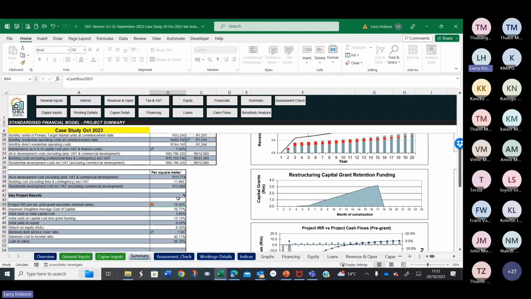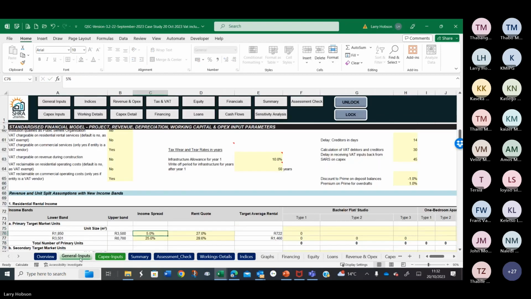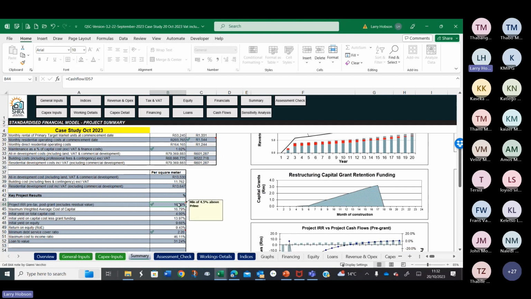Oh no, it needs to get to 16.25%. So we need to reduce that factor by a bit more. It needs to go to 16.25%. Right, there we go. We're at 16.4%.